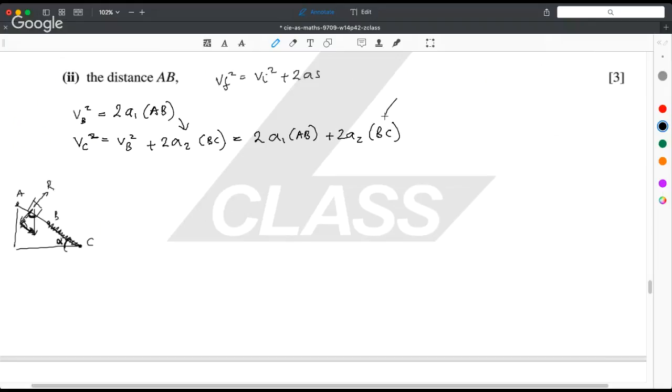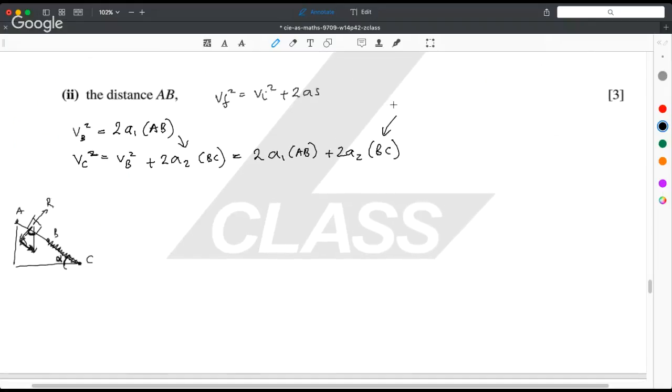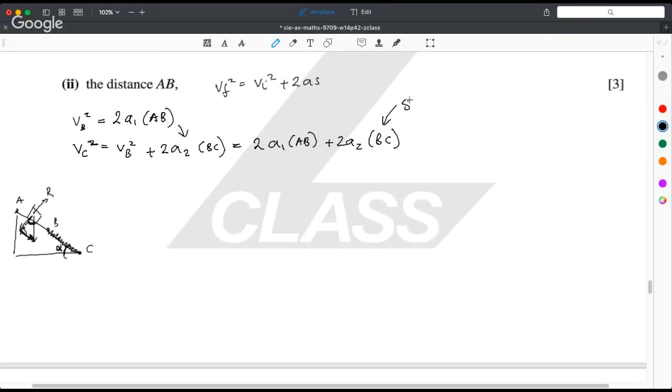And I also know that BC, we're told that the whole thing from A to C is 5 meters, so BC must be 5 minus AB. So this is 2A1 times AB plus 2 times 5 minus AB, A2. And this is equal to VC squared.